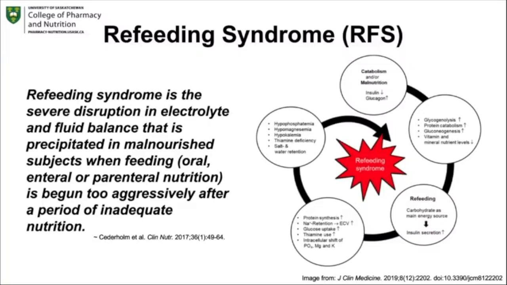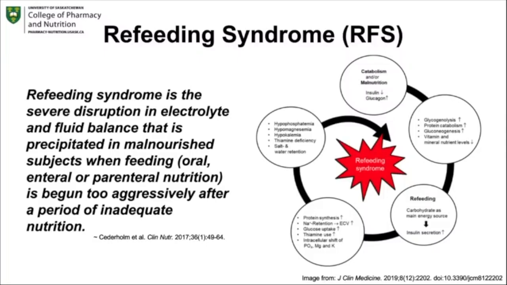In brief, after the initial start of nutritional intake in patients in such a starved or catabolic state, glucose concentration and insulin secretion rises suddenly, leading to an overwhelming shift in electrolytes with increased sodium and water retention and extracellular volume expansion.